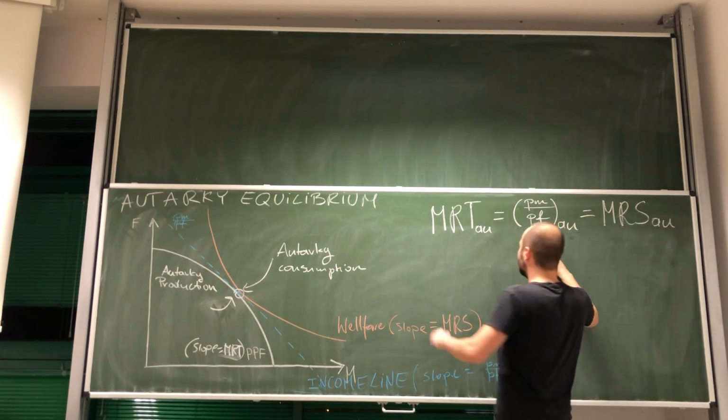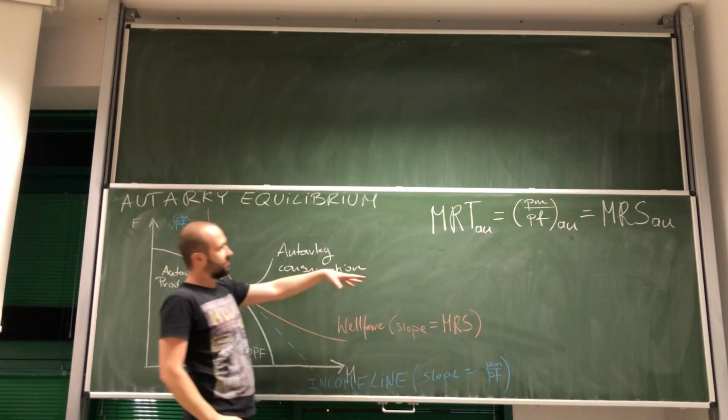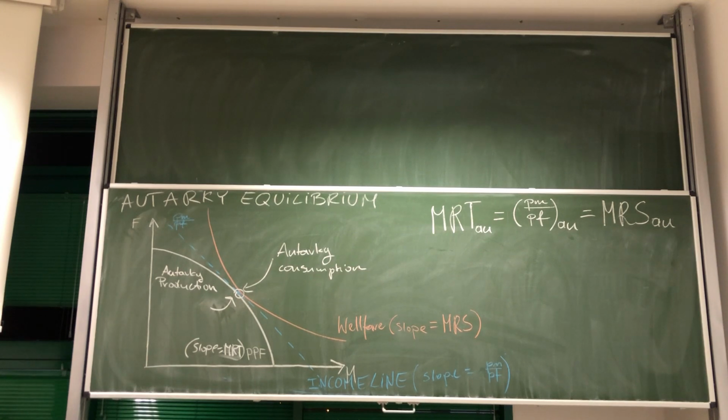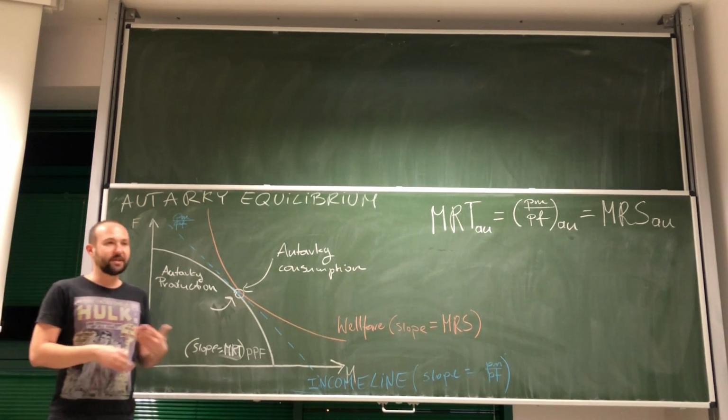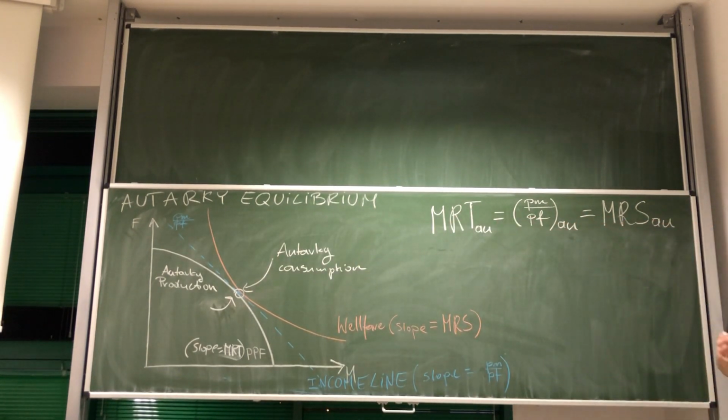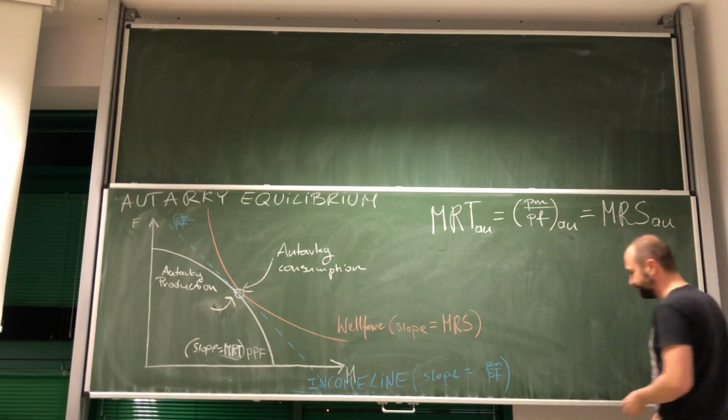And this fundamental condition is giving us the equilibrium in the neoclassical model of trade. We will expand it a little bit further, but let me just elaborate on some consequences of what we have found over here.